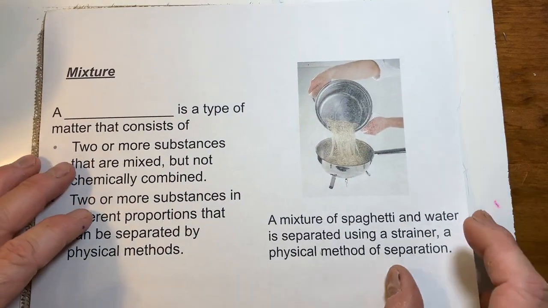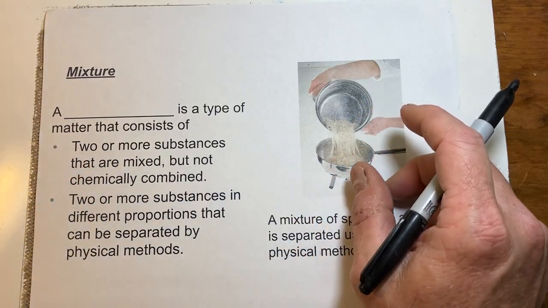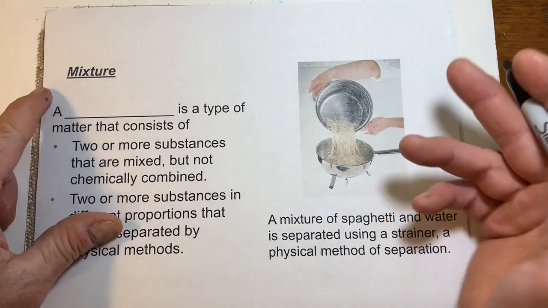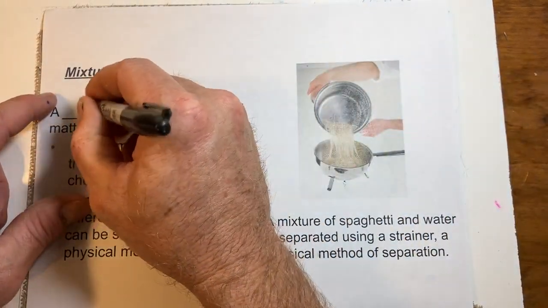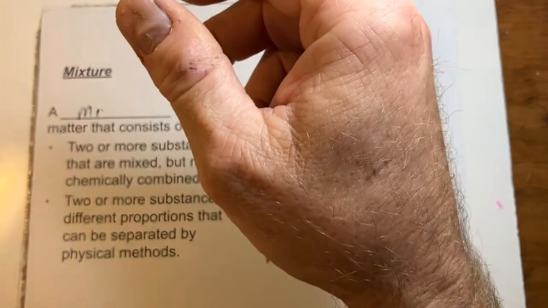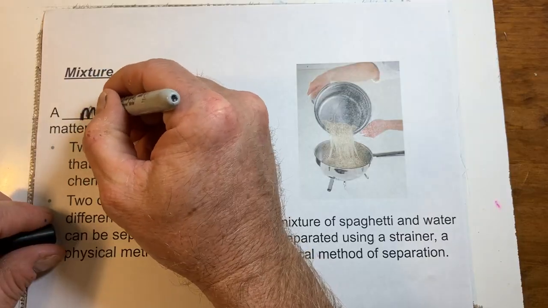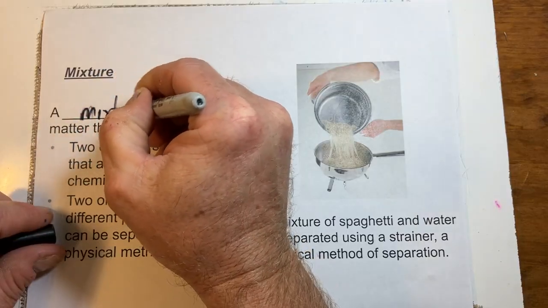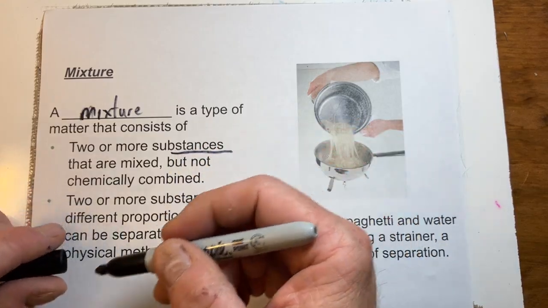A mixture is, yes, we said two types, homogeneous and heterogeneous. A mixture, we said, is two or more substances that are mixed but not chemically combined.